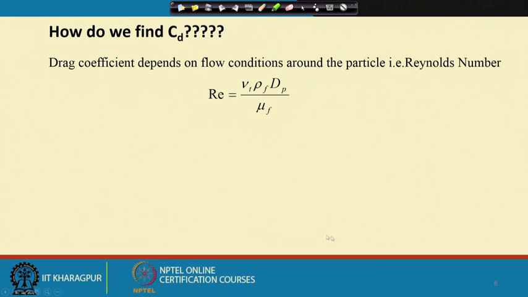Based on that concept, there is one formula proposed by Reynolds: Re = V_T rho_f d_p / mu_f. What is mu_f? Mu_f is the viscosity of the fluid, which is dependent on the temperature of the fluid.